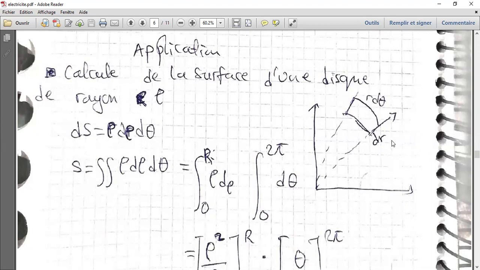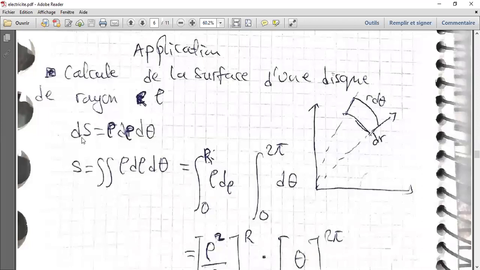To calculate the surface area, as I told you earlier, you multiply d rho times rho d theta. Here rho is constant, what is changing is d theta, and d rho is the other thing that changes. You take the formula of the déplacement élémentaire, mm prime, which is d rho e_rho plus rho d theta.